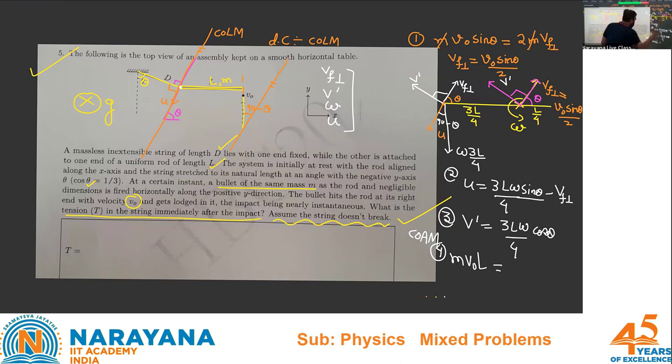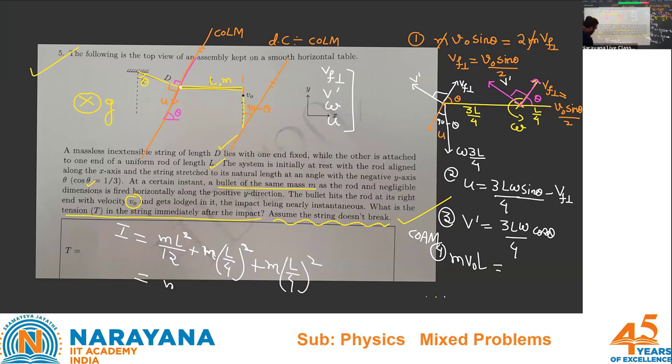So the I about this point, let me write separately, that I that is needed there, that should come out as ml square by 12 plus m into L by 4, the whole square. That is for the rod, and plus that point, which is ml by 4, the whole square.